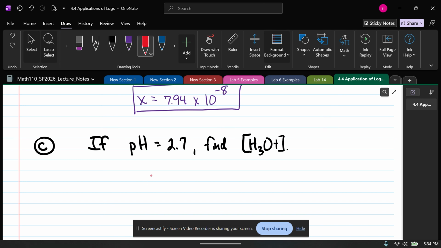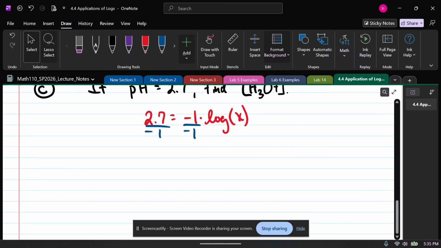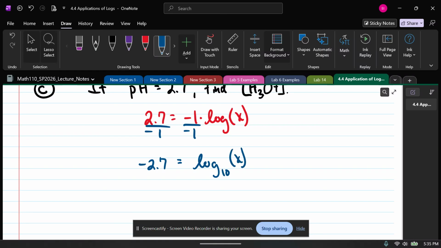So we're setting up our equation. We got 2.7 equals -1 times the log, and I'm just going to put an X there because that's what I'm looking for. So what do I do with that? Divide by the -1. That's negative 2.7 equals log. I'm going to go ahead and write that base 10 there because that's going to help me.